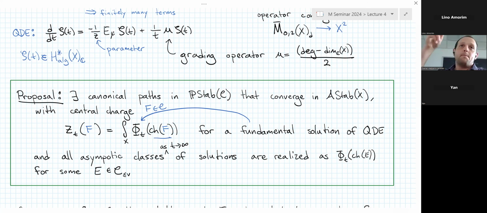That's a path in the cohomology space. Now you integrate that over X, and that should give you a number, but a number that depends on T. And I'm saying that this is the central charge. As a function of T, the central charge will take any object and spit out this number. Does that make sense? Yeah, it does.